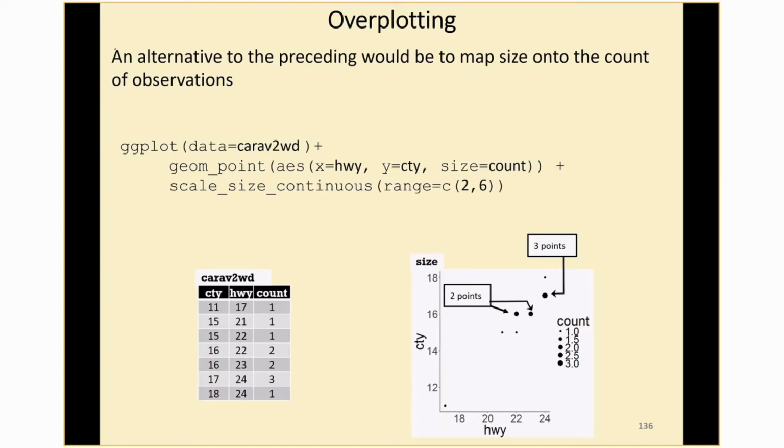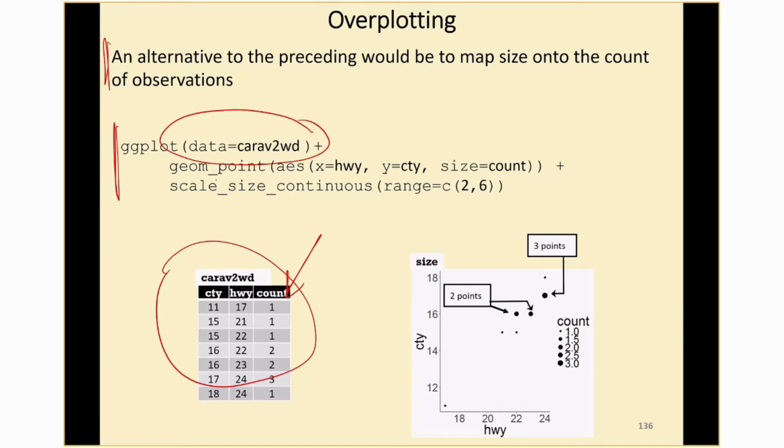Here's an alternative. If we come back to our data frame, Caravan two-wheel drive, we've got this variable count. What we could do is aesthetically map size on the count, and that's what's happening in this code here. So we specify our data frame, we want a scatter plot, and here's the opening and closing parenthesis of our aesthetic mapping.